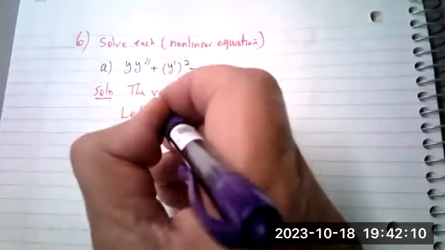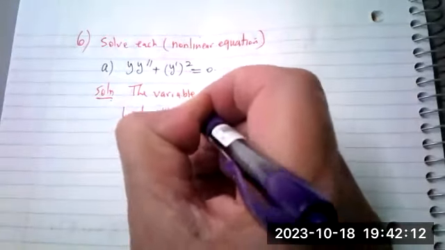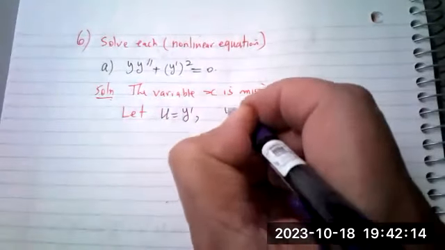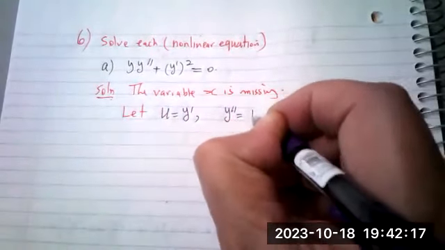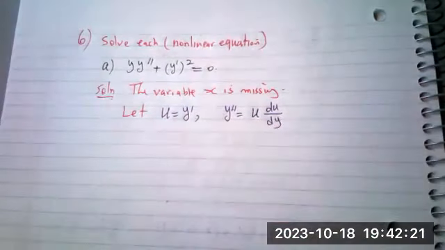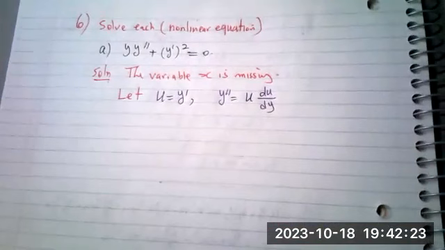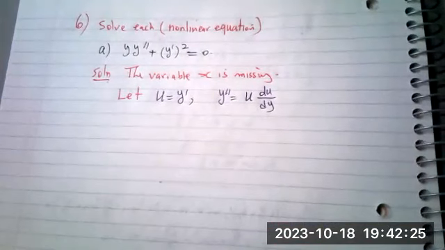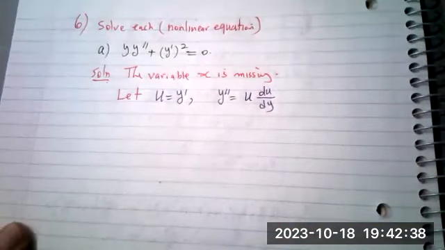You get u equal to y prime, then y double prime, remember, it's going to be u du/dy. Since x is missing, we have to change the derivative with respect to y. We'll be able to have u versus y to be able to do it. That's why we change it. Go back to the equation, substitute to see what's going to be left.